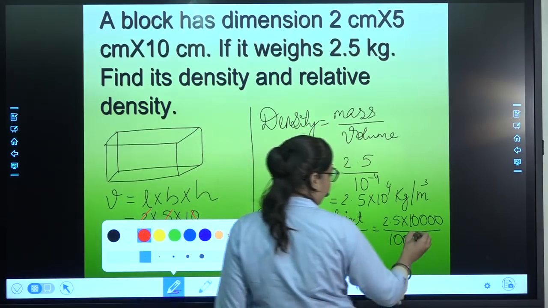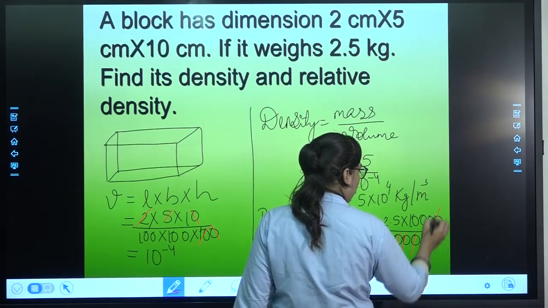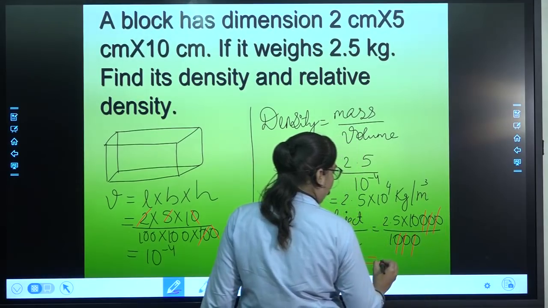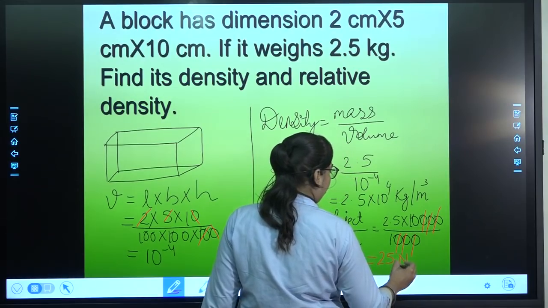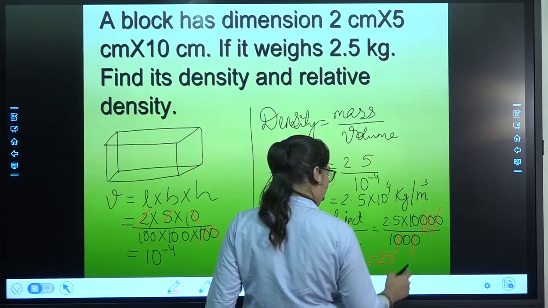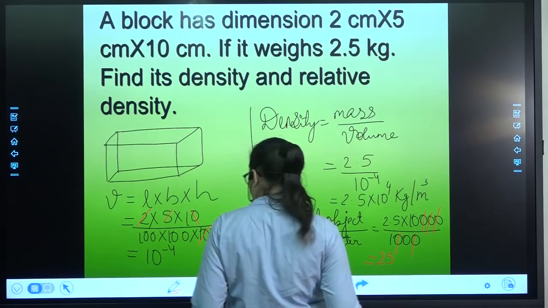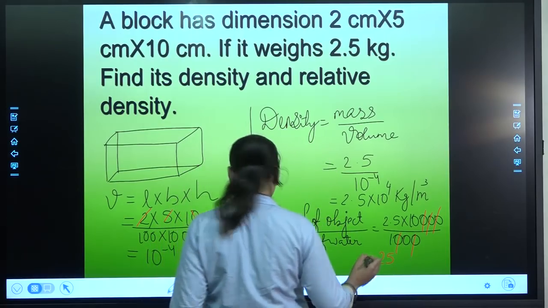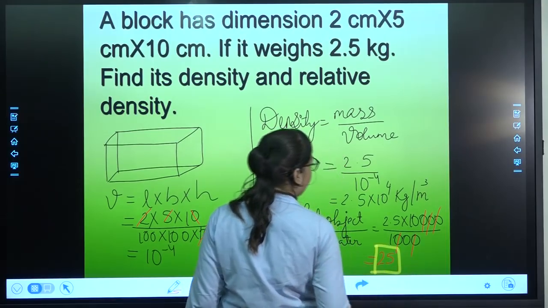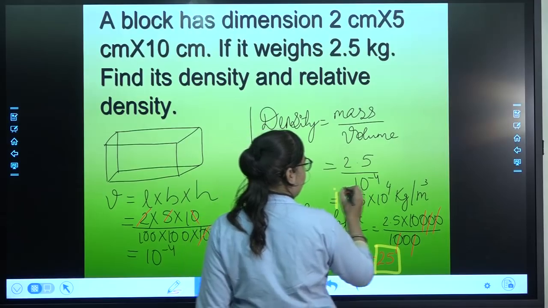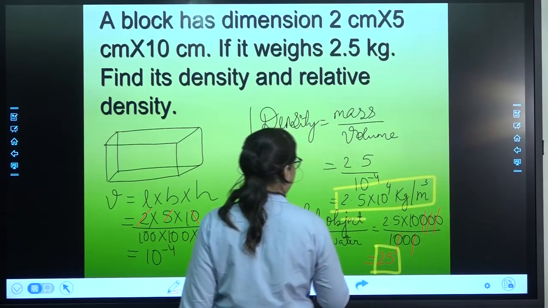So again 3 zeros will get cancelled out. What will remain is 2.5 into 10, which is 25. Only 25 because relative density has no unit. This is the first answer and the two answers that are asked.